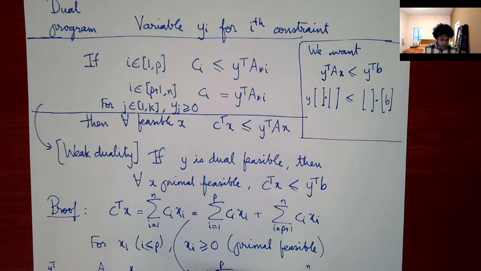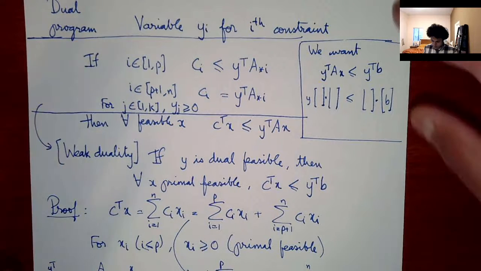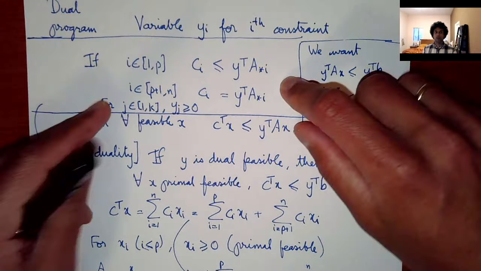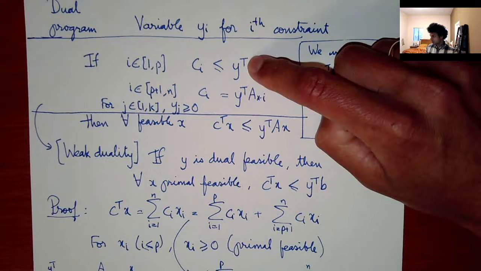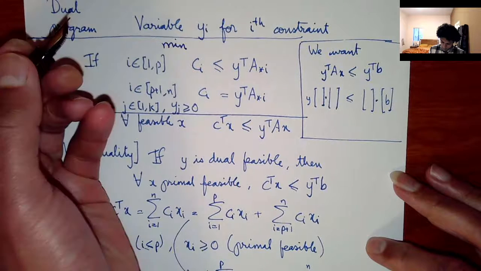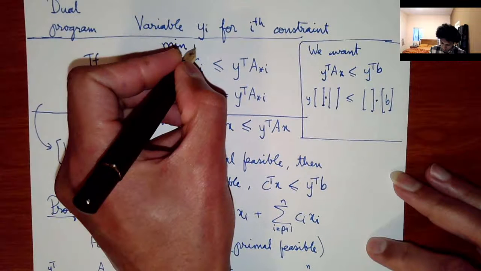P is basically what you got from the primal, right? You have some variables being non-negative and some being unconstrained in the primal. So you have no flexibility. Here you're trying to pick a y. And so what you want to do is choose y to minimize y transpose b.